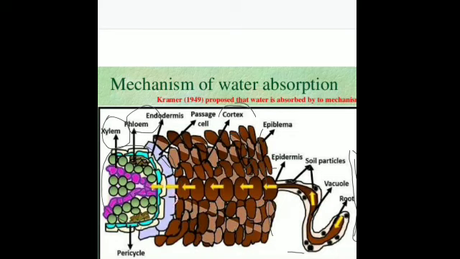This blue layer which you can see over here is the pericycle, and finally it reaches the xylem tissue through osmosis, from a region of higher concentration to a region of lower concentration. So from the root hair cells into the epidermis, from the epidermis to the cortex, from the cortex to the endodermis, from the endodermis into the pericycle, and finally to the xylem, by the process of osmosis.